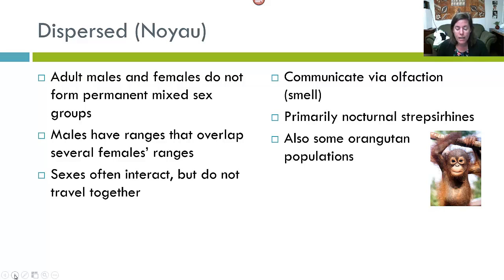The males have ranges that overlap several females' ranges, and even though the two sexes do not travel regularly together, they often interact so that males can monitor the reproductive status of the females. They often communicate via olfaction, through smell. This is primarily exhibited by nocturnal strepsirrhines as well as orangutan populations.